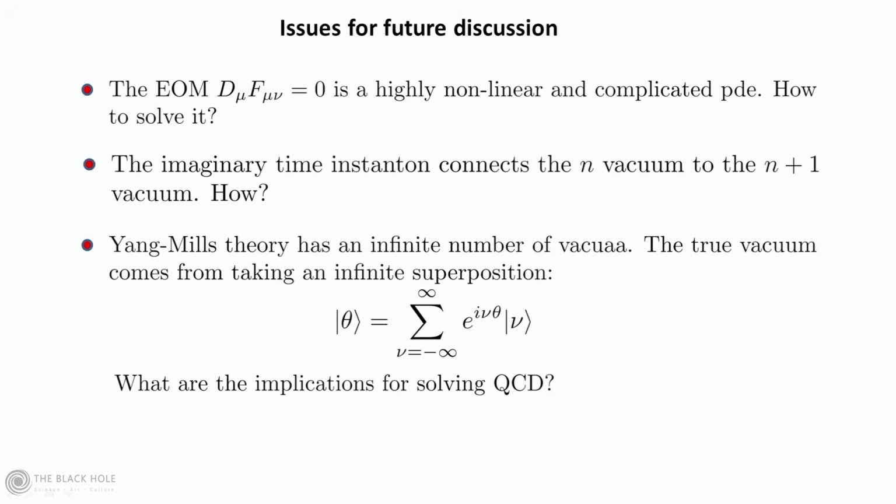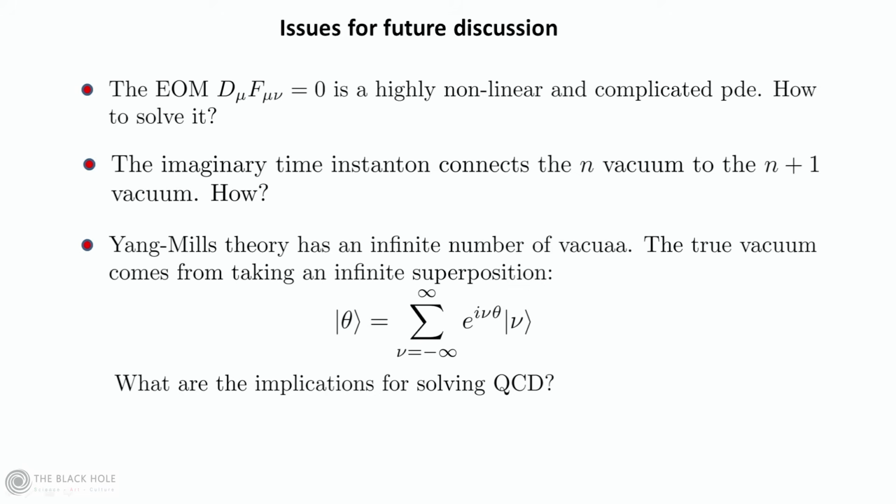In fact, I'll end over here. This Yang-Mills vacuum has an infinite number of vacua. And in fact, you can't say that the vacuum that we do perturbative calculations in is the right one.